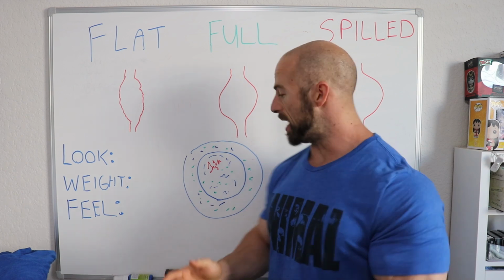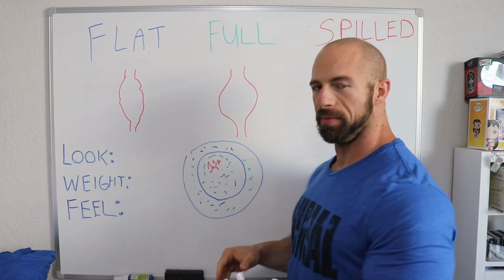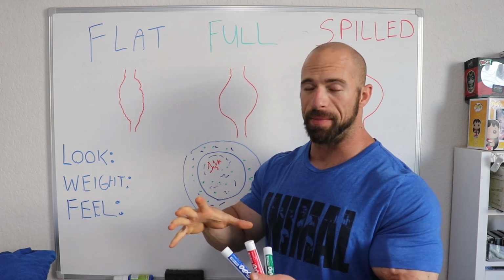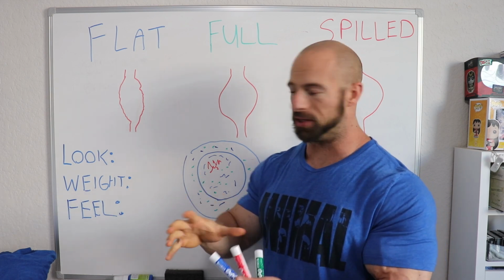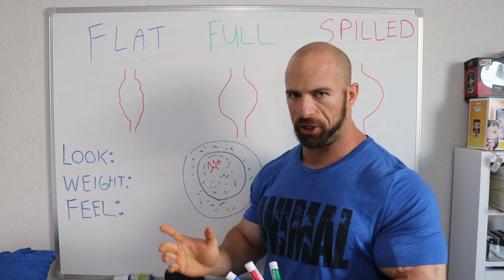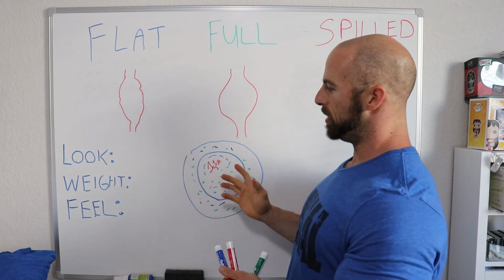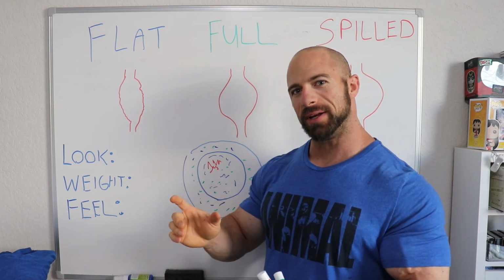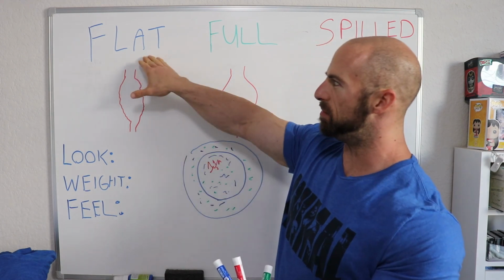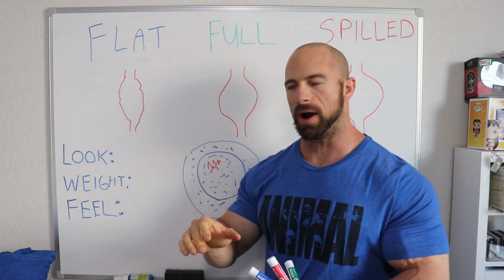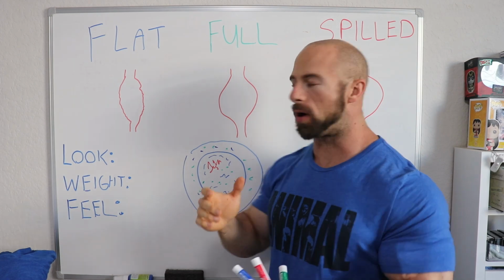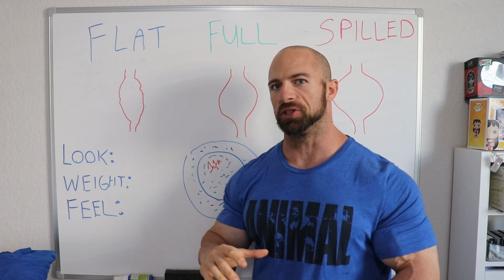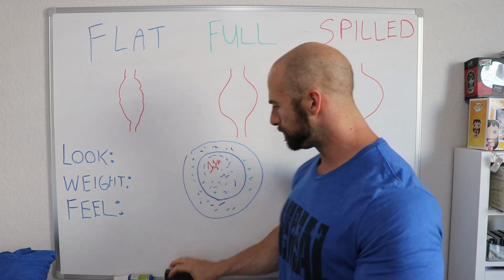However, you can't really fool this mechanism, so the water inside the muscle will decrease at the same time as the water outside the muscle, in a pretty proportionate ratio. So what you end up with is just a smaller muscle or a larger muscle, but at some point that smaller muscle is going to lead to a state of being flat, where it's not pushing against the skin. Or you might make this cell so big, and the water outside of that cell so big, that you might look soft also.